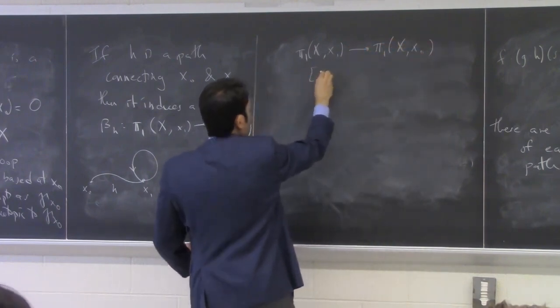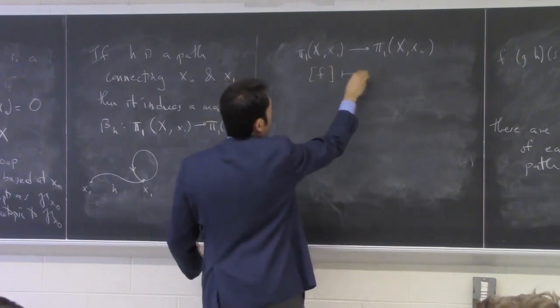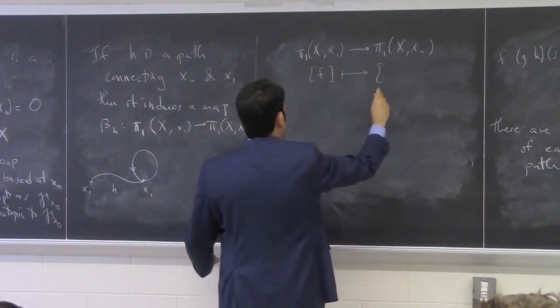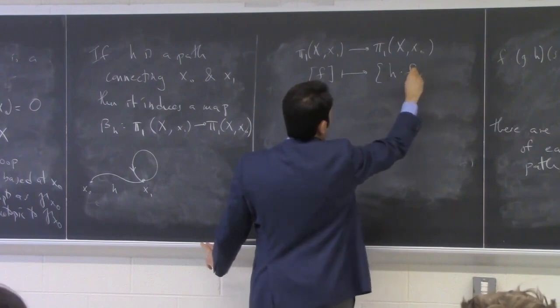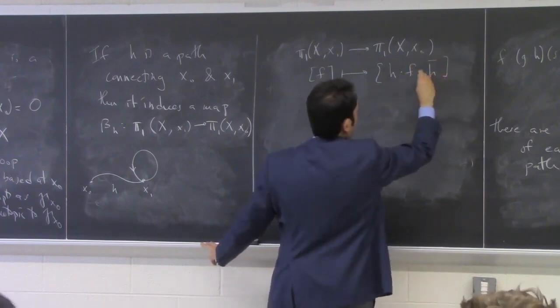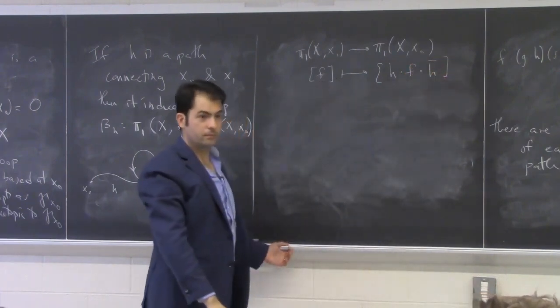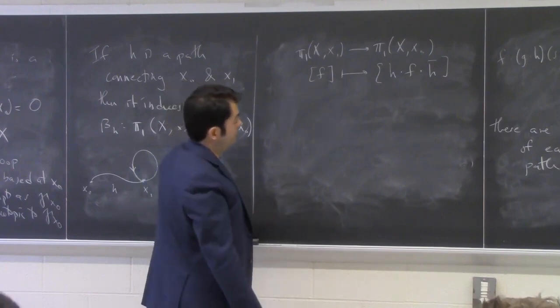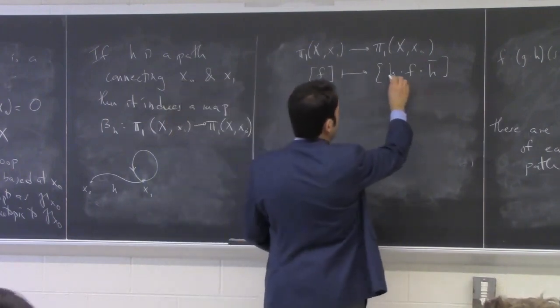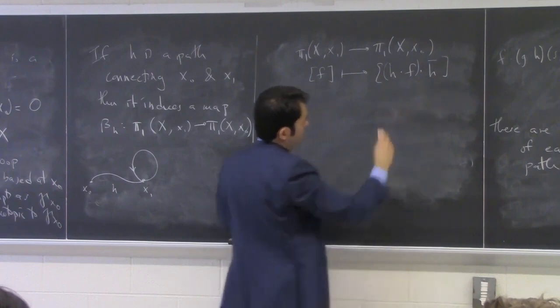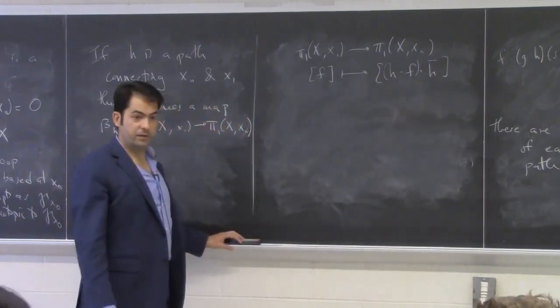You give me a loop based at x1, and I send it to first do H, then do that loop, then get back. Of course, it's associative with homotopy classes, but just for the sake of definiteness, let's say you do that one.